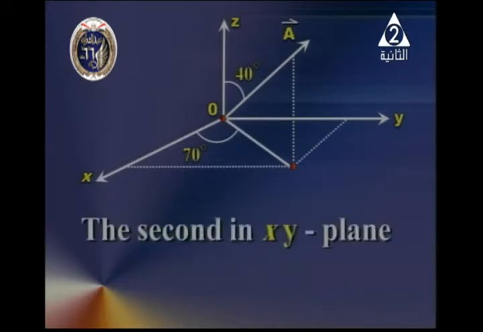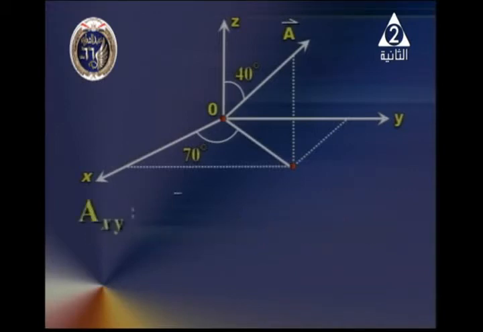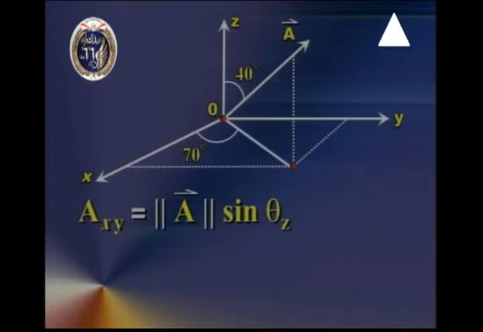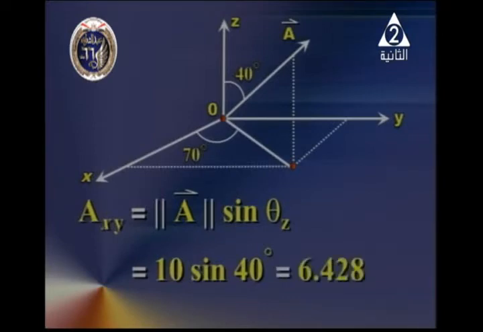After that, the second in XY plane. In XY plane, AXY equals norm A sine theta Z. Sine 40 times norm A 10, answer is 6.428 by using calculator.